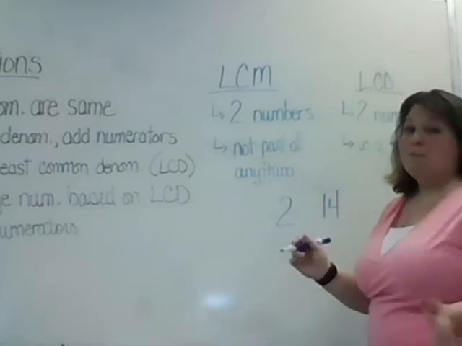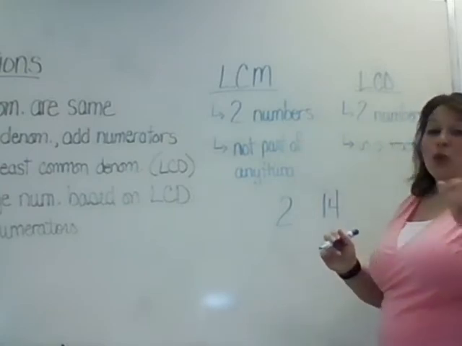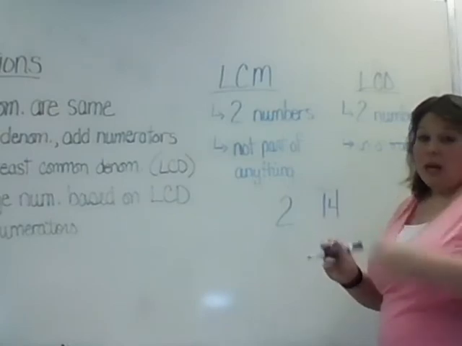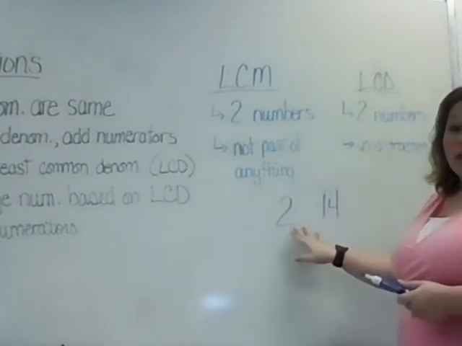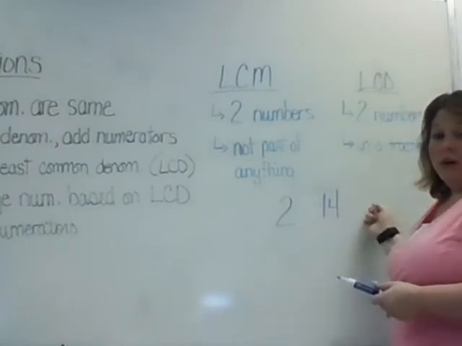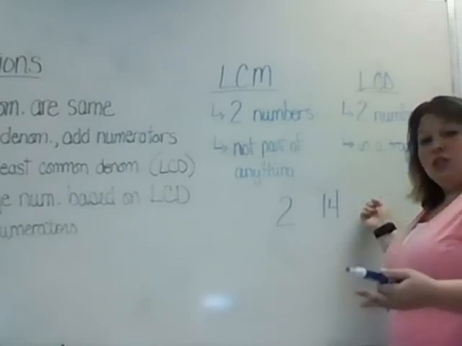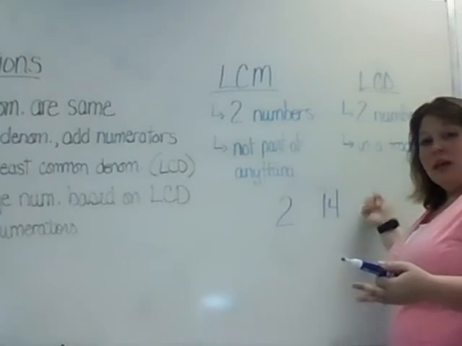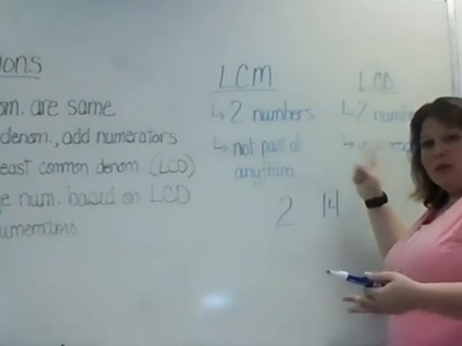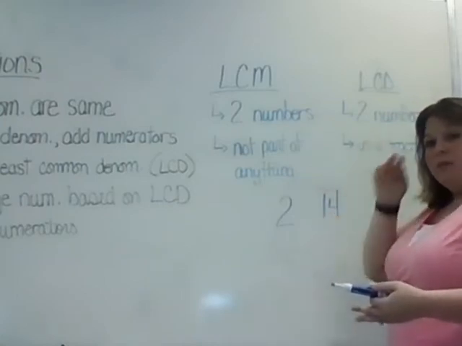That's the only difference. So, your worksheet that you have for this talks about least common multiples, and this is what they look like. And it's just two numbers, and then you have to find the least common multiple. But in the addition worksheet, you're going to have to find least common denominator. So that's why I wanted to make sure I addressed both of these.